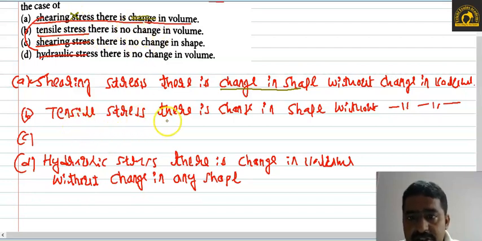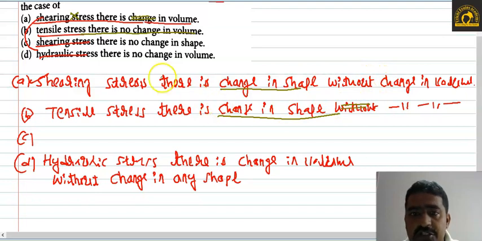Tensile stress is a change in shape, and the volume is not changed. Shearing stress, there is no change in shape? It is a change in the shape, and volume is constant. So these two options are incorrect statements.